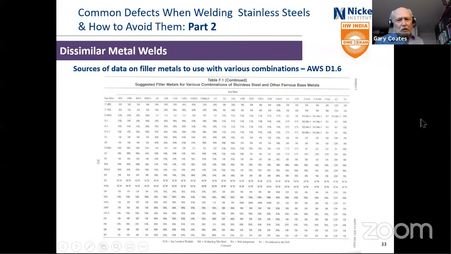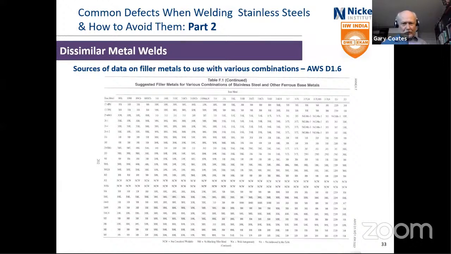So, I know you won't be able to see this very well, if at all, but just for example, the AWS D1.6, which is the structural stainless steel welding specification, has a huge number of charts, an overwhelming number of charts.